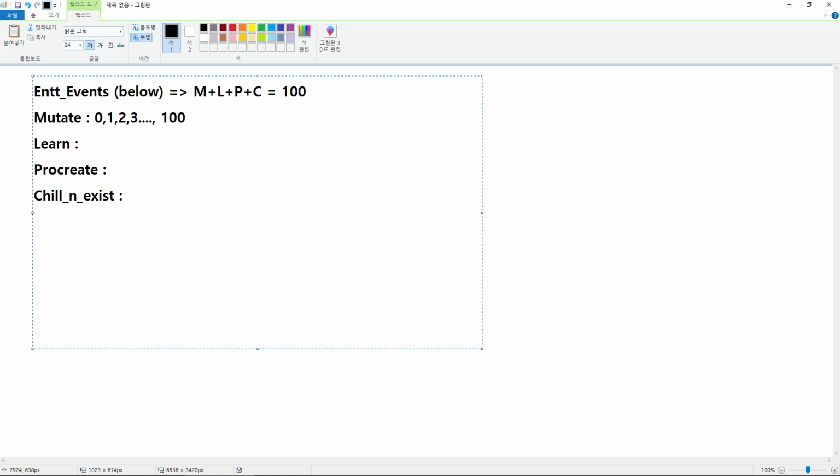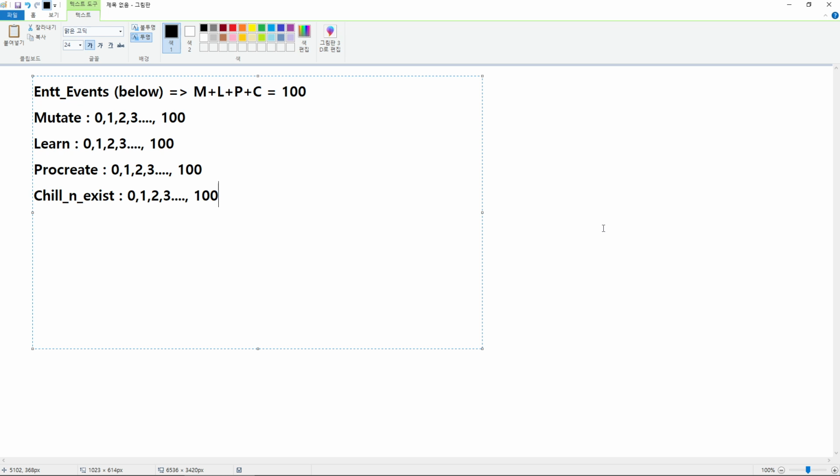This is the start of the logic, and the same for learn, and procreate, and chill and exist as well. And then this is where we start.